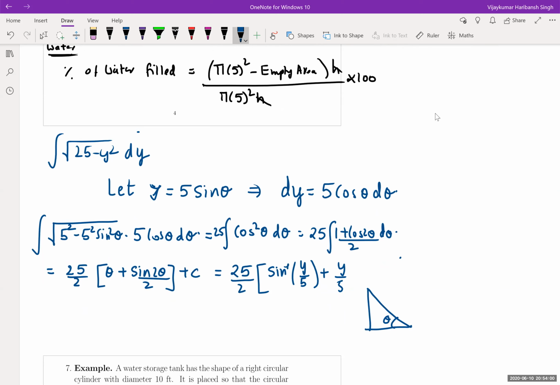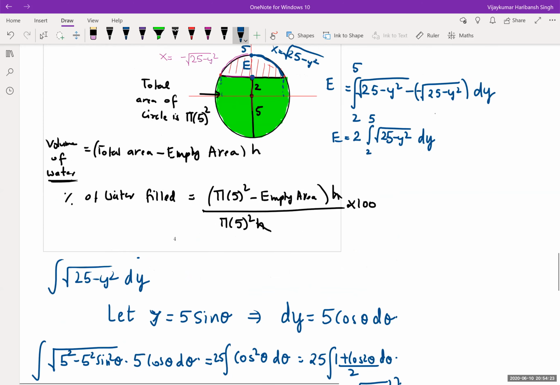If this is theta, you have sine theta is y by 5. So the adjacent side is going to be the square root of 25 minus y squared, so cos theta is the square root of 25 minus y squared divided by 5.